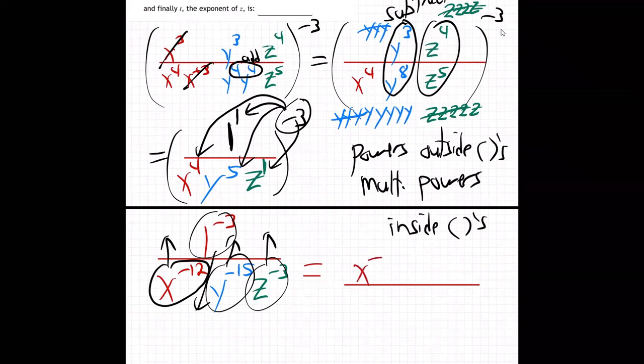We end up with x to the +12 on the top, y to the +15 on the top, z to the +3 on the bottom, and then 1 to the +3. So all the negative powers were unhappy where they were at. They jumped to the other side. Now they're positive. Now they're happy.